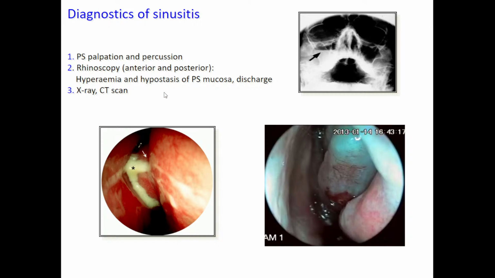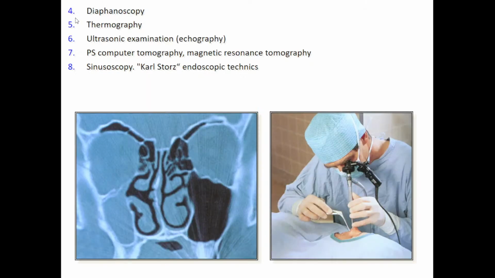These are the main methods of diagnostics, but of course, we may use additional methods. It's diaphanoscopy, thermography, ultrasonic examination, computed tomography, and MRI. And if there are severe problems, we may use sinusoscopy, but sinusoscopy is more of an operative technique.